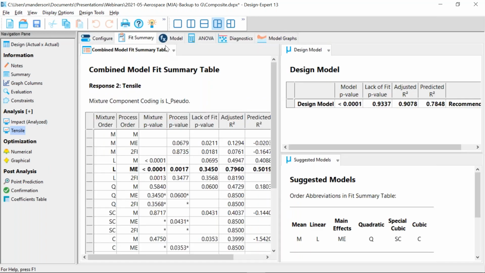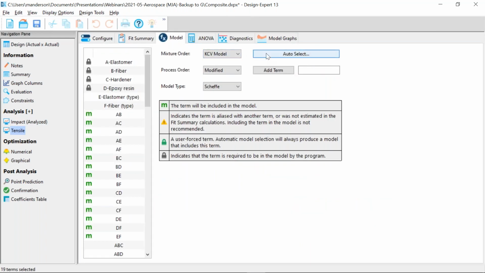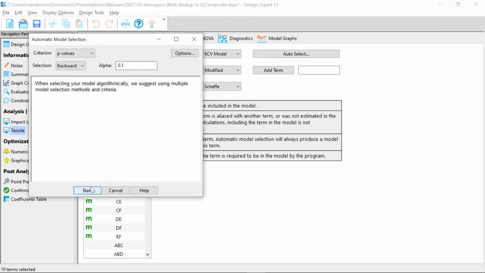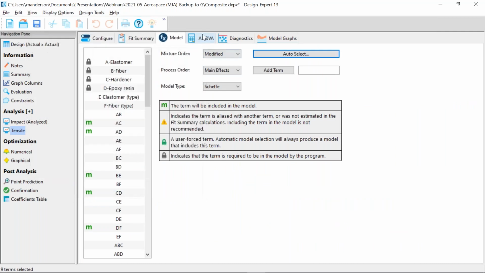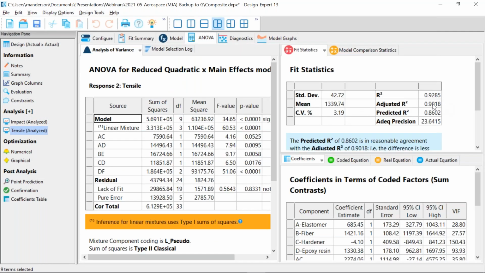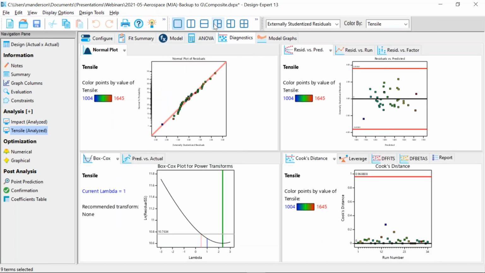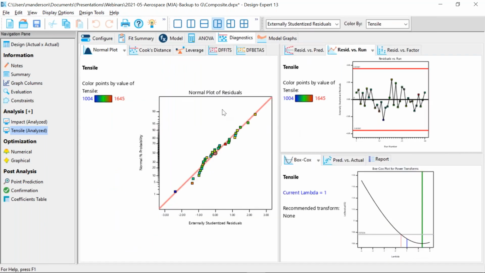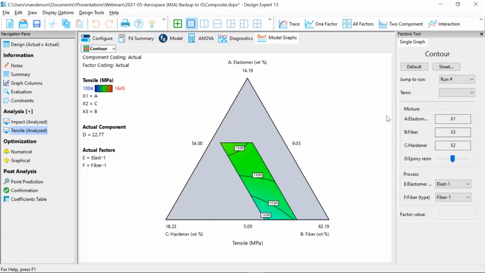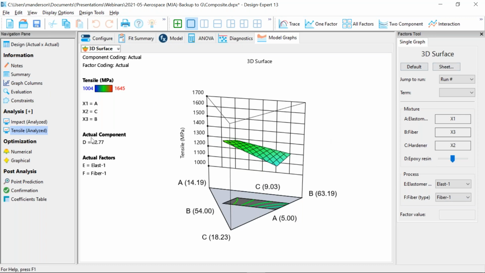And then we would do the same thing with the tensile strength. I'm just going to kind of rip right through this with the KCV model, do the auto select, accept that, check my stats, diagnostics, and then we would do again more model graphs and have some fun playing with that.